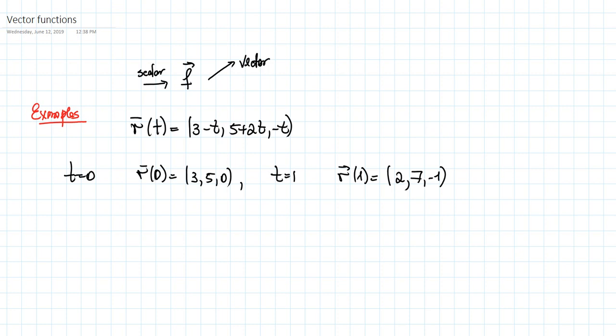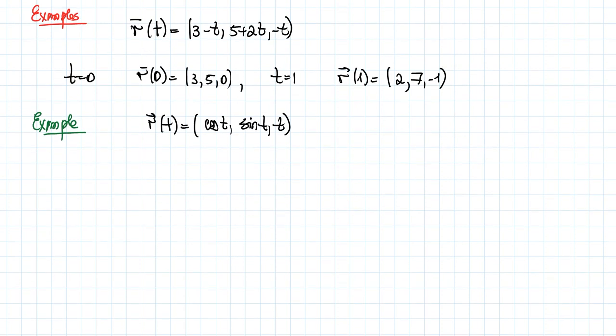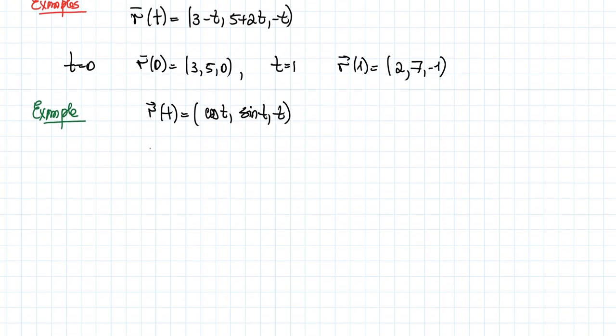Okay, so let's consider another example of a vector function: r(t) = (cos t, sin t, t). This is a three-dimensional curve. Do you remember, if I wouldn't have the third component, t, cosine of t and sine of t would be just a circle, right?